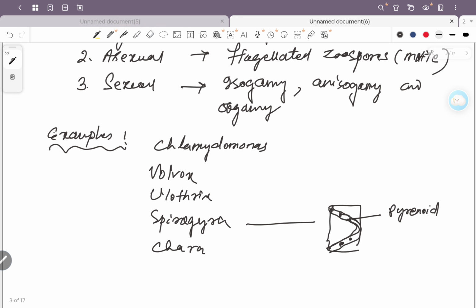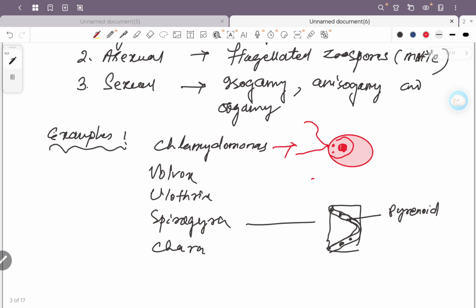Then the common examples also include Chlamydomonas. Chlamydomonas is like this. I'm just giving you a rough diagram. They have flagella, and this is Chlamydomonas.